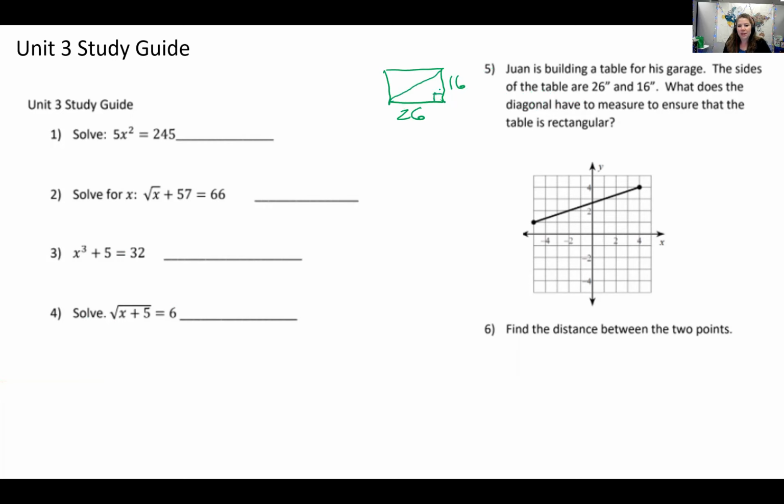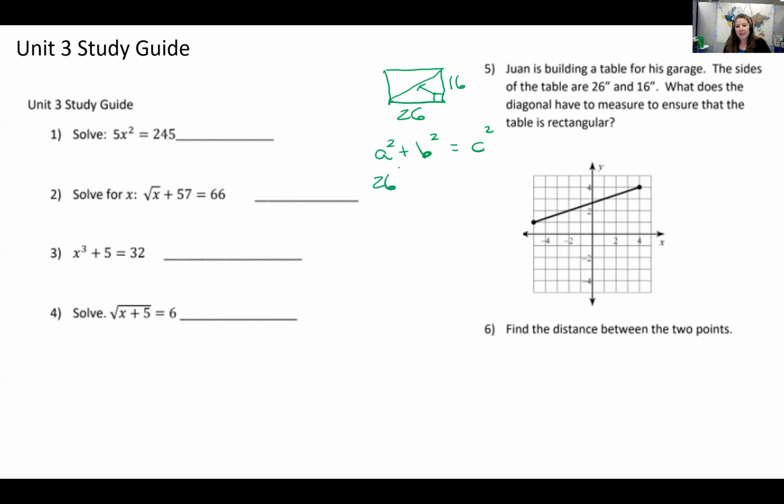So that means we're using the Pythagorean theorem with this right triangle. So we're missing the hypotenuse. So A and B are 16 and 26. So A squared plus B squared equals C squared. We're checking our hypotenuse.